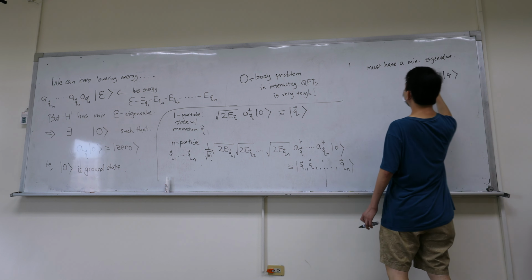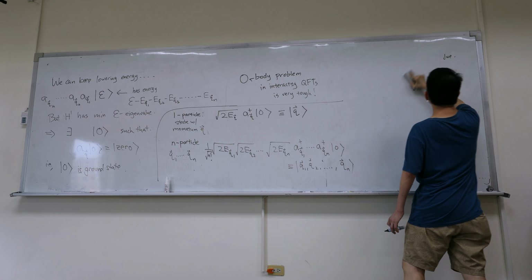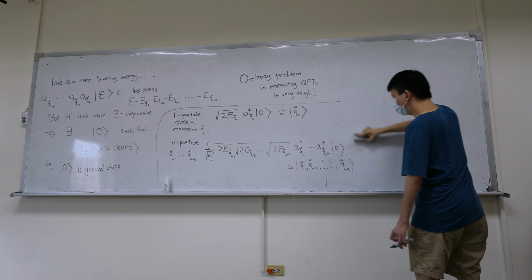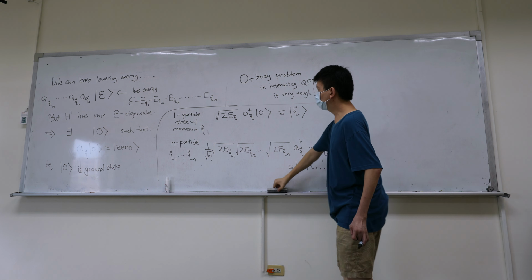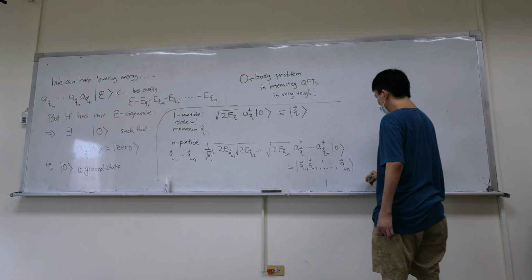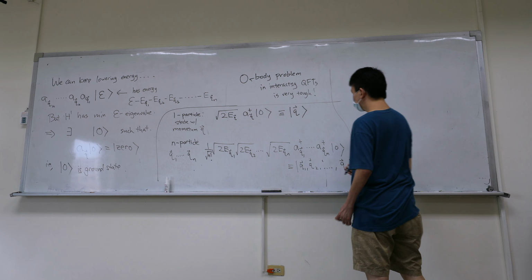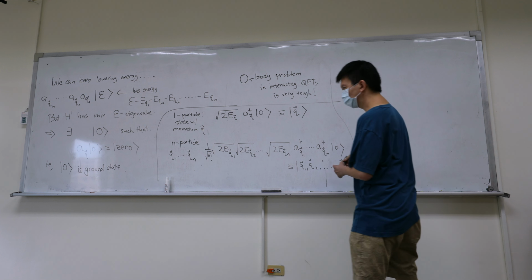And the reason for this factor of square root 2E is in fact relativity. Why is that so?